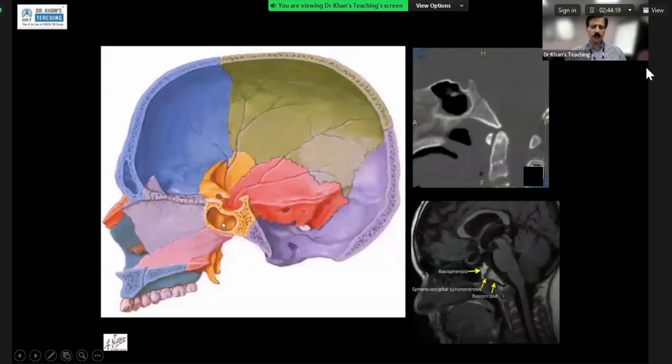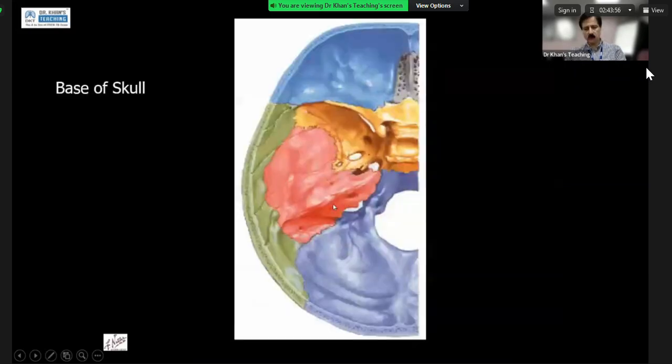It is totally made up of the sphenoid bone. This is the anterior clinoid process. Point to remember that the anterior clinoid process is of different origin within the sphenoid bone, which I'm going to tell you in the next slide.